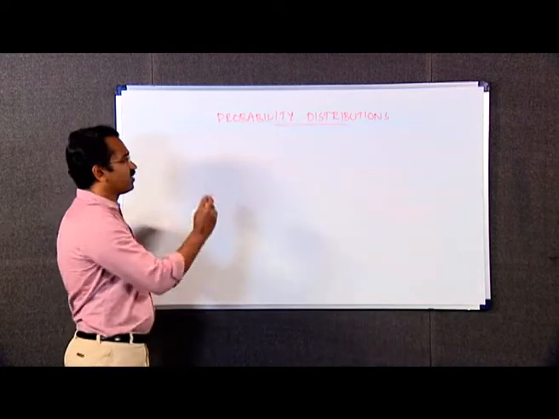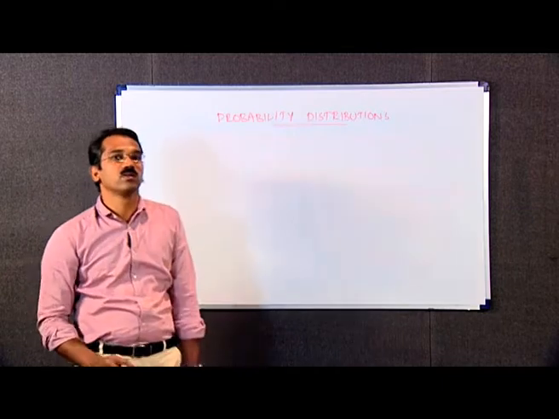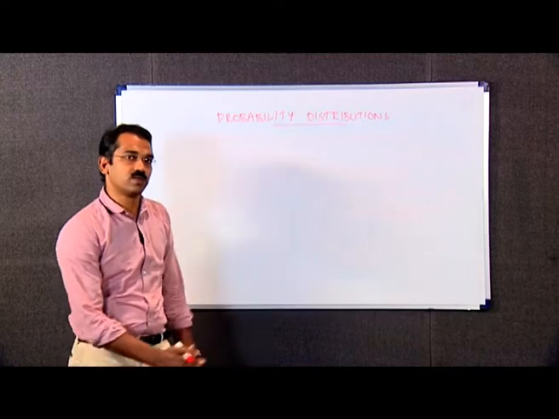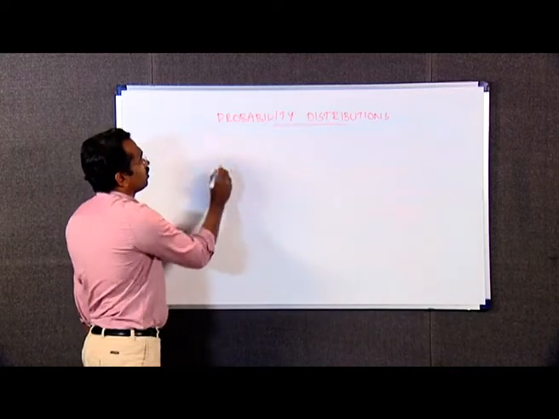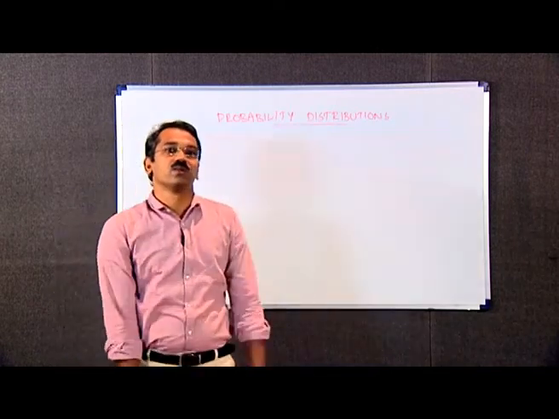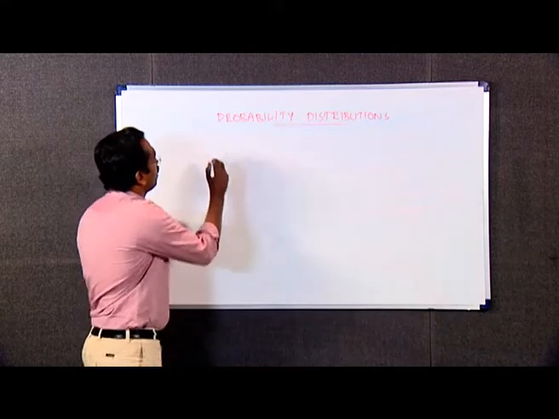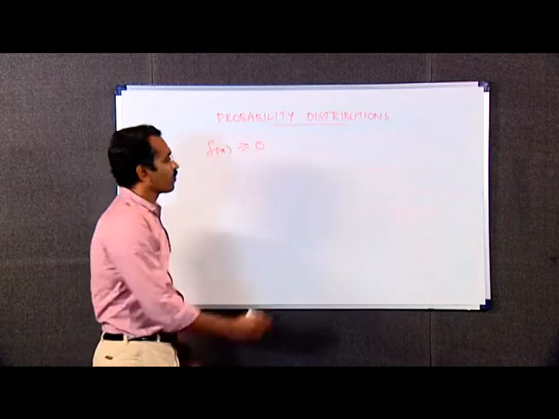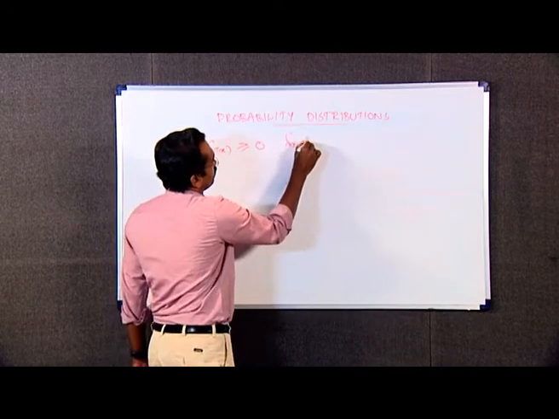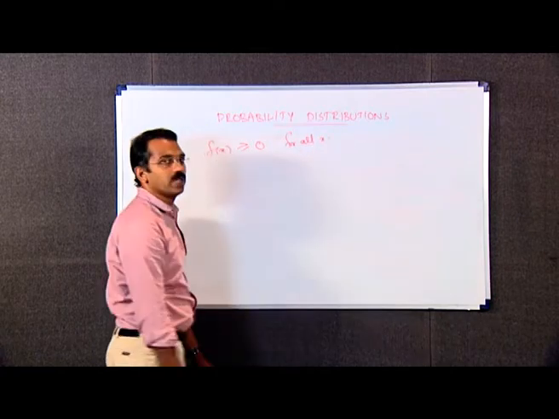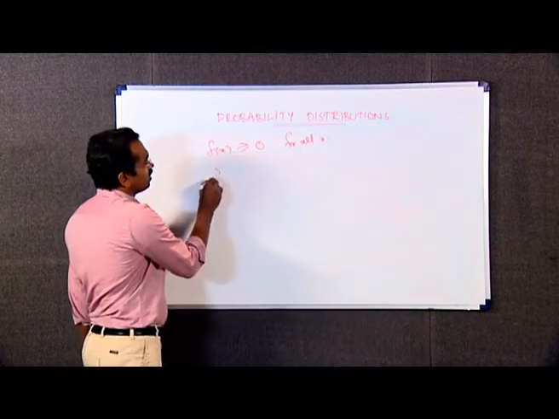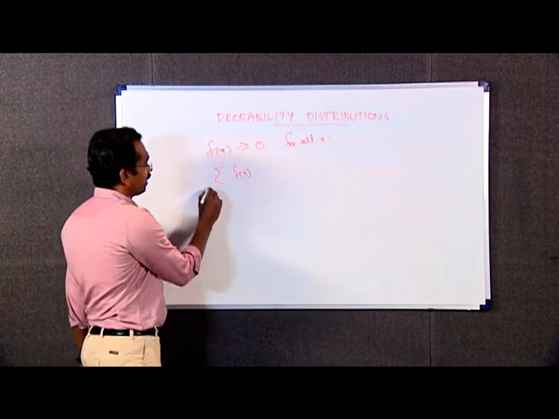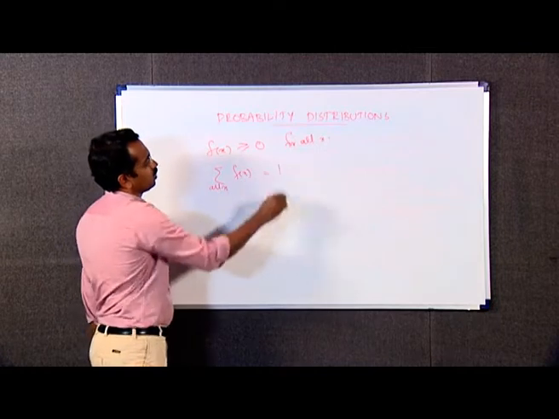Now, we have a theorem: if f of x is a probability function, then f of x is always greater than or equal to 0 for all values of x, and summation of f of x over all x is equal to 1.